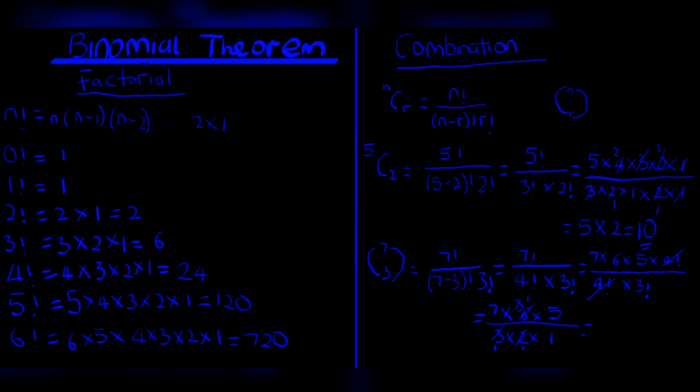So in the end, we are left with just 7 times 5, right? 7 times 5. And in the end, 7 combination 3 gives us 7 times 5, which is equal to 35. Is that clear? Yes, it is.